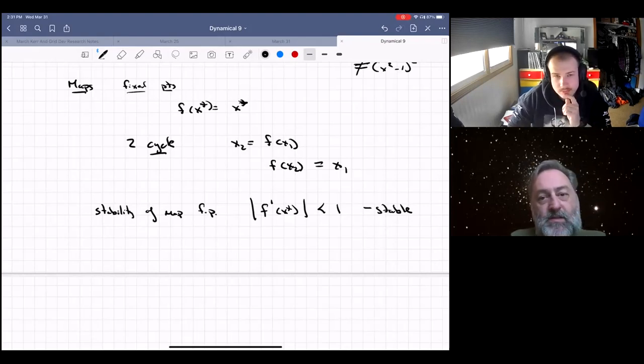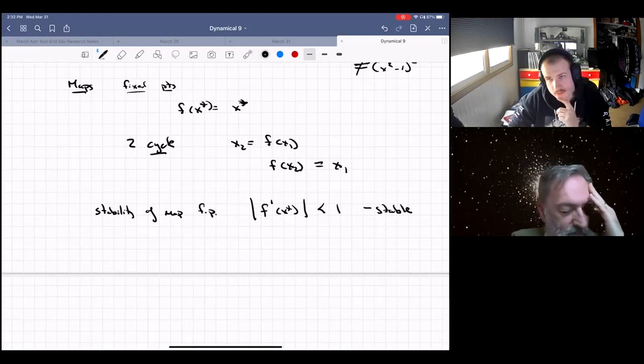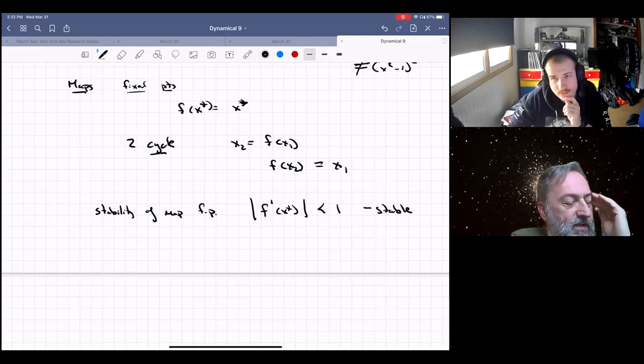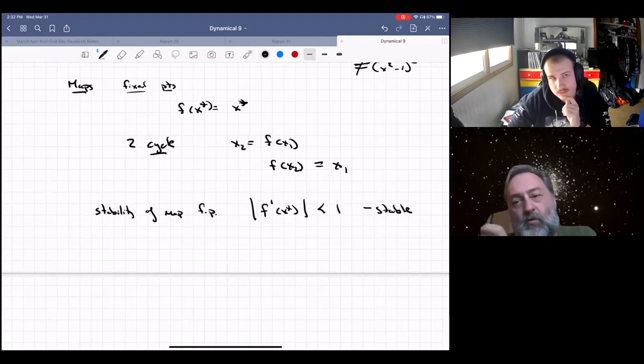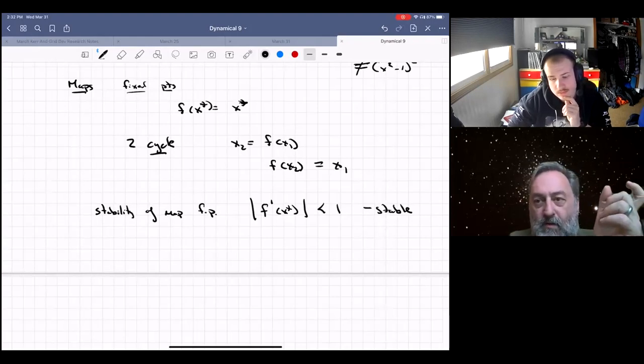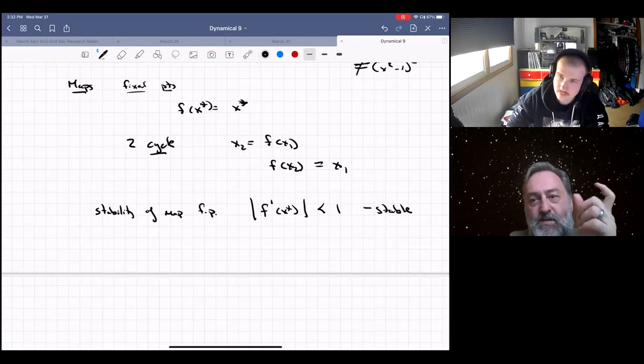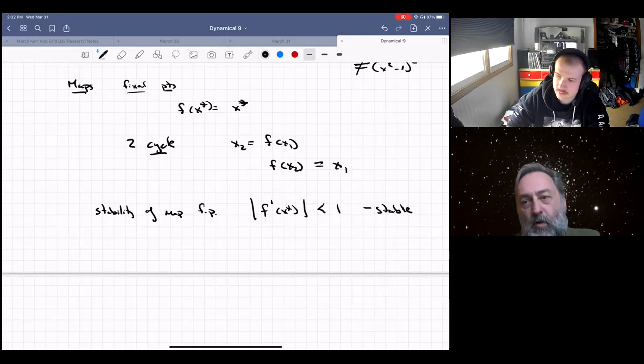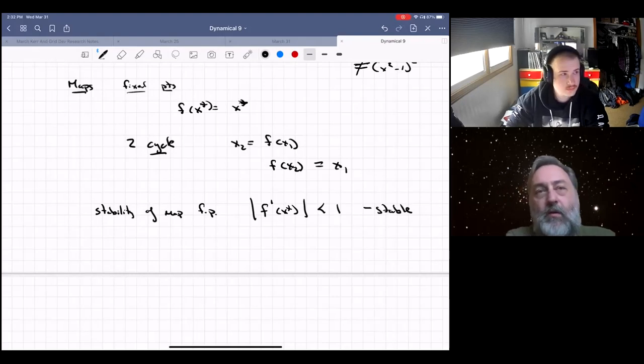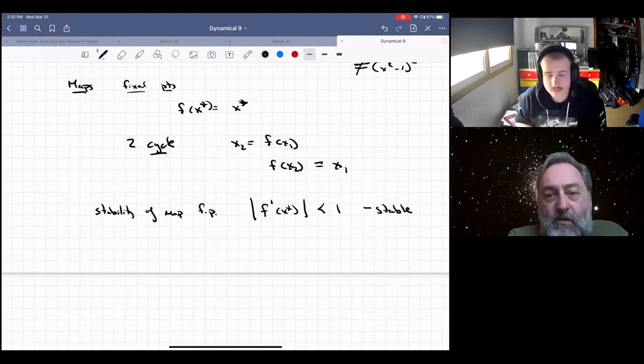In the map case, and you can work through this, I don't remember exactly why this is the case. I mean, I sort of remember. The issue is whether or not you're moving further away from the point or further towards the point. And you take the derivative, and if the derivative size is less than 1, then you're moving closer to the point, and if the derivative size is more than 1, you're moving away from the point. So the stability of the fixed point in the map has to do with how big relative to 1 the derivative is at the fixed point.